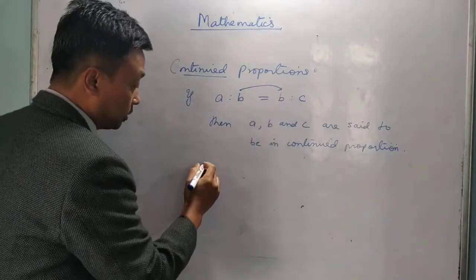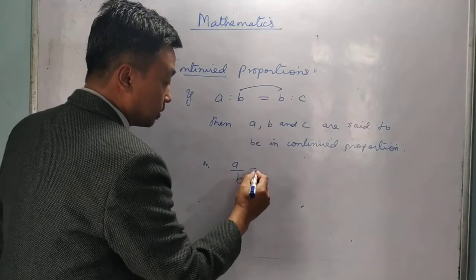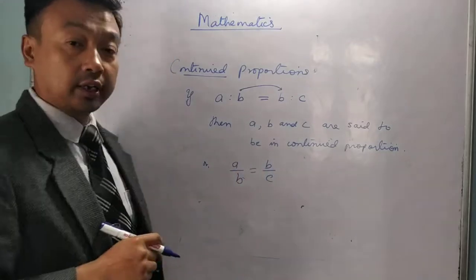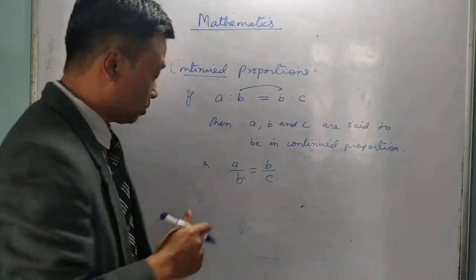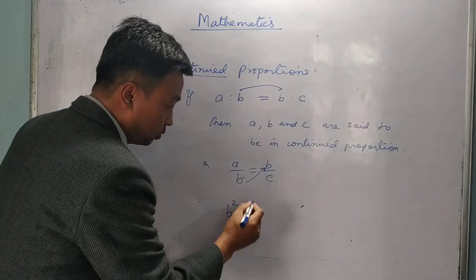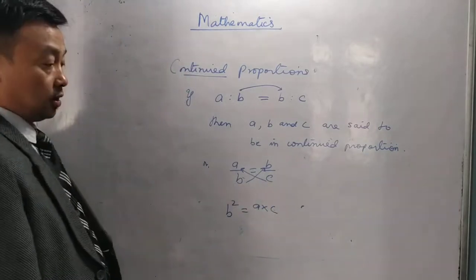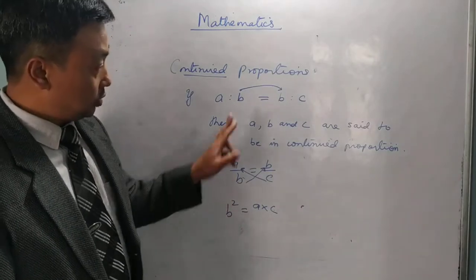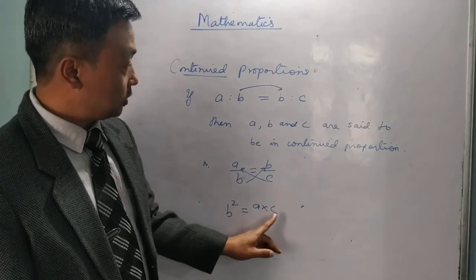So from here we can also get one formula. We can write this as A upon B equals to B upon C. Again, by using the cross multiplication or the cross product, what we get is B square equals to A into C. So here we find that the square of the mean, there is only one mean here, is equal to the product of the extremes.